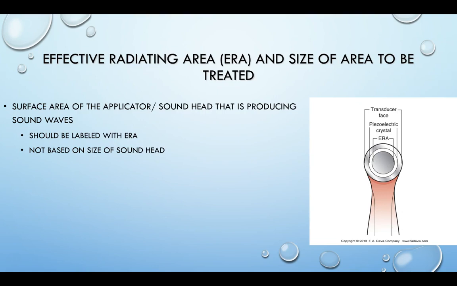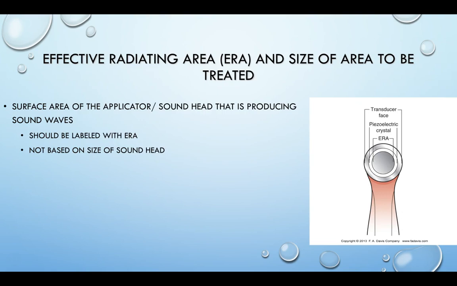And you want to also maintain the most effective contact with your skin in order to allow that ERA to be in contact with the treatment area that we want. Okay. So it's proportional to the transducer surface area that produces the ultrasound. And the way the manufacturers measure this is that it measures about 5 millimeters away from the face of the sound head, and how much energy are we producing and on what area of the sound head.